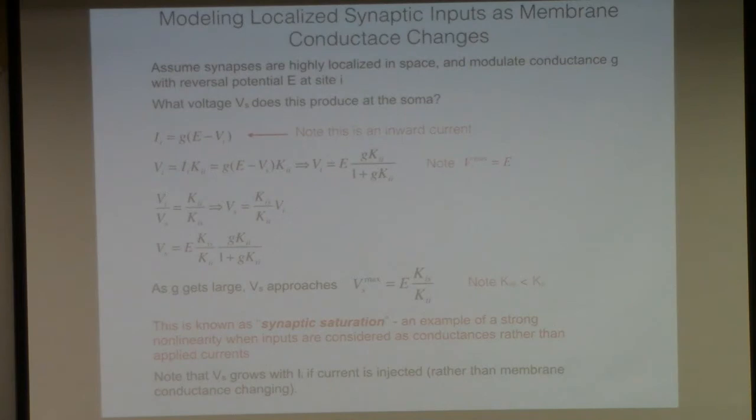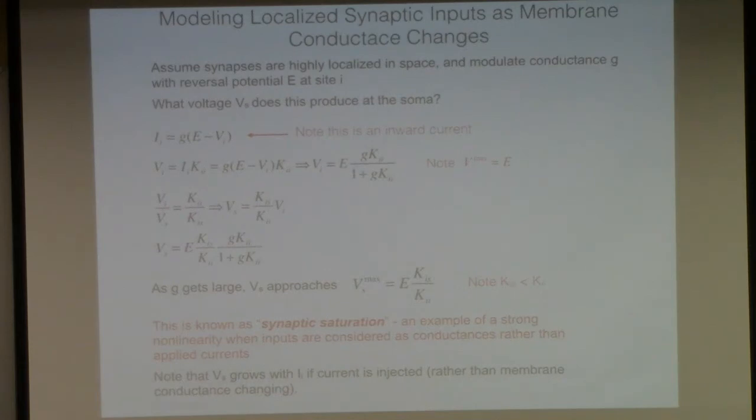And that's the biggest response we can get at the soma. As we increase the applied conductance change, again we get this saturating behavior. Voltage at the soma will grow, but as G gets larger, this term will asymptotically approach 1. So this is now the maximum potential that we can get at the soma. Knowing these transfer resistances is useful because you can use them to compute voltage distributions within a dendritic tree.